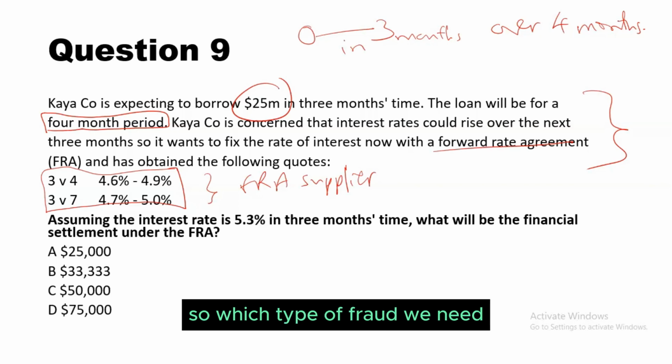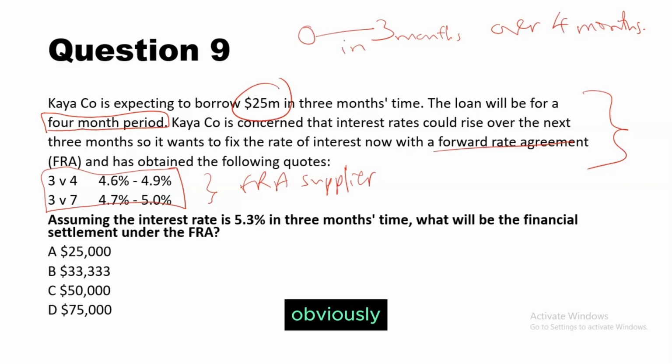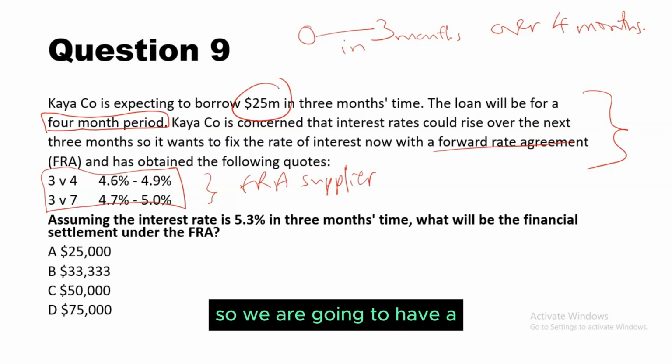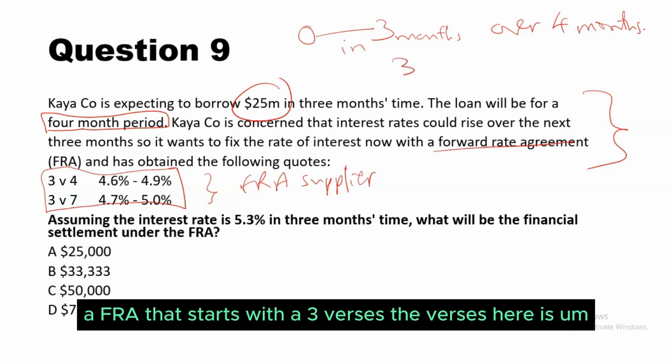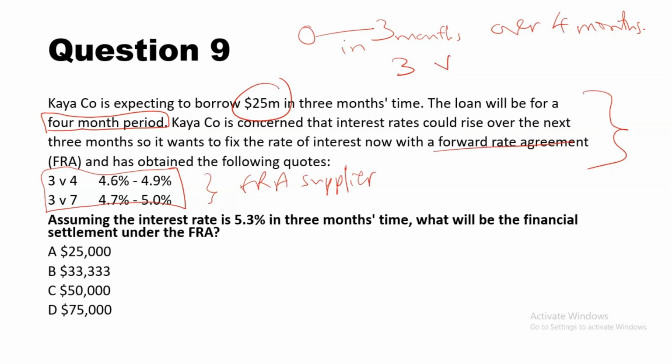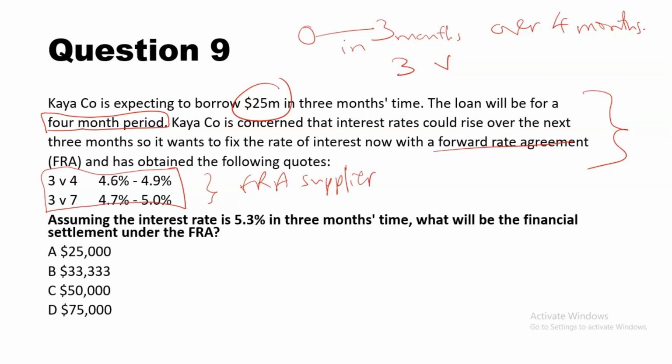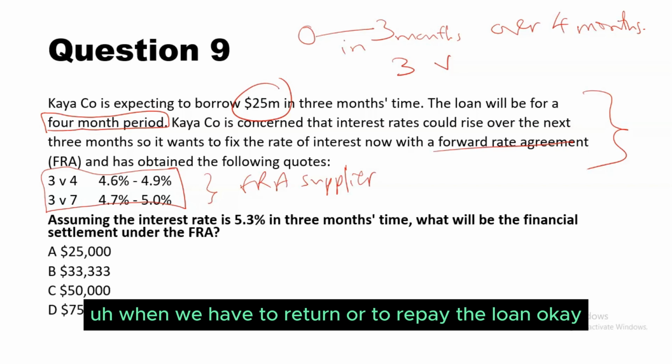Okay, so which type of FRA do we need? Obviously, if we are going to require the loan in 3 months, we are going to have a FRA that starts with a 3 versus the end period, when we have to repay the loan.